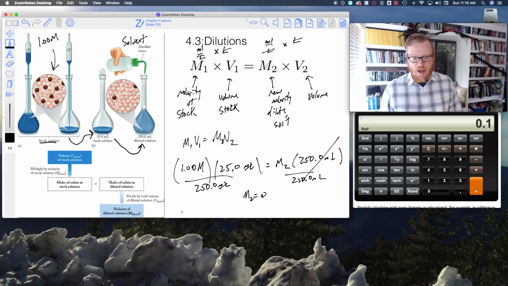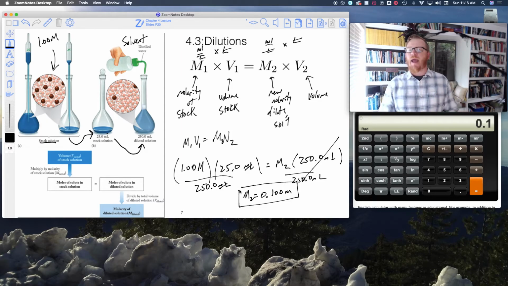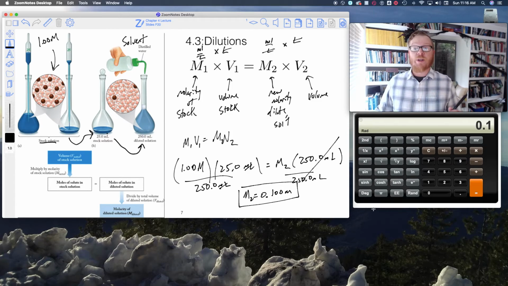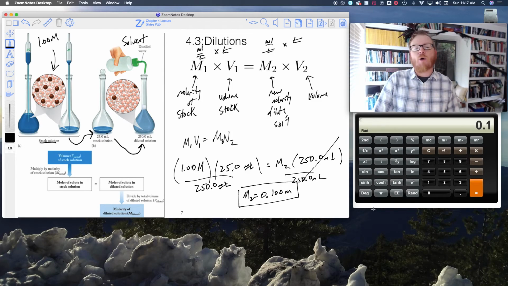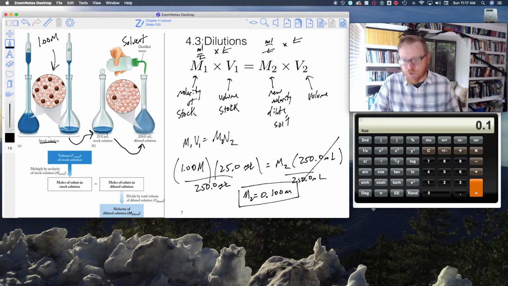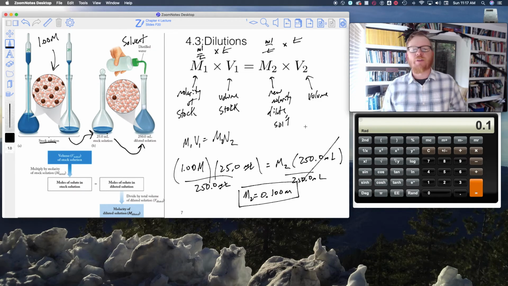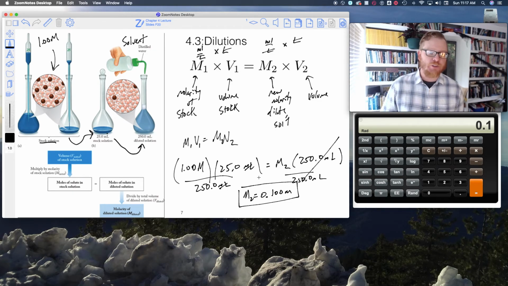M2 is now 0.100 molar, okay? So those of you that can see the math in your head, you might have recognized right away, we diluted it by a factor of 10. But now, you might not always have these nice whole numbers, 10 or 2 or 5 or whatever. So this is where you want to use M1V1 equals M2V2 to calculate dilutions.